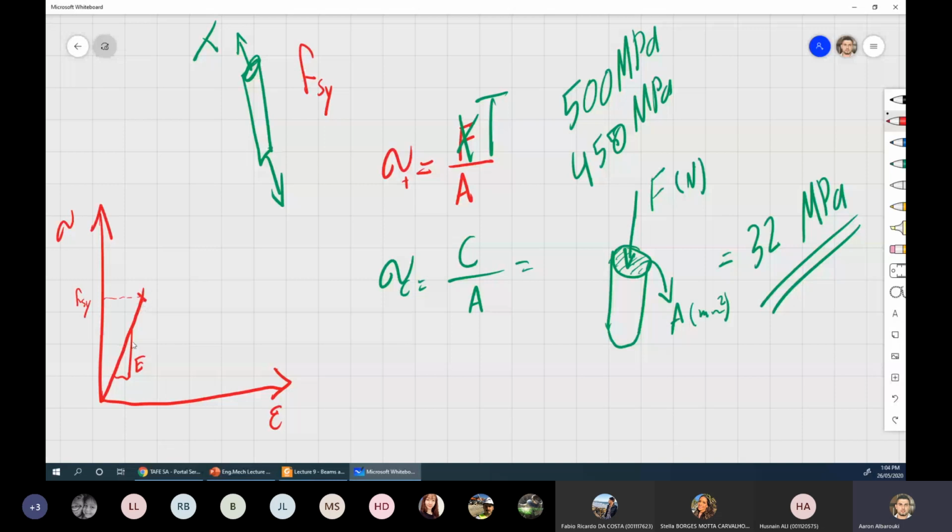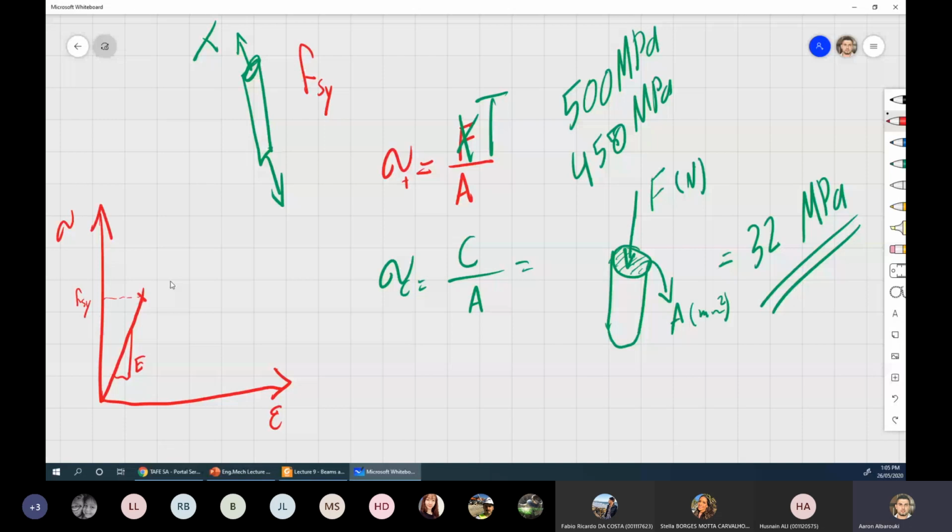Everything within this area here is reversible, and therefore that's what we use. That's the area we as engineers design in. That's why we limit our designs to remain in this area here. Unless in some other cases we design beyond it, but that's a special type of design, and you don't have to worry about it now.